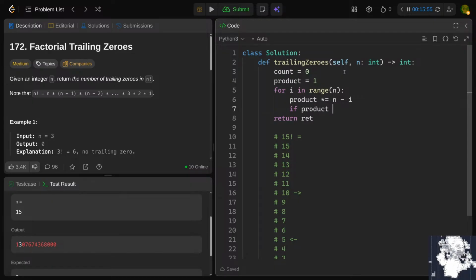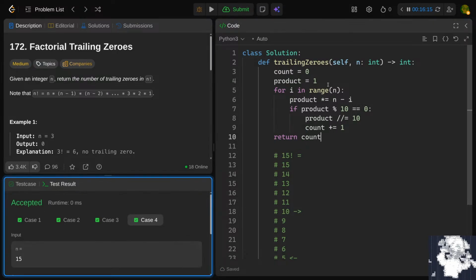If product mod 10 is 0, then divide it by 10. You can do integer division. It won't matter. And increase our count. Then return the count.